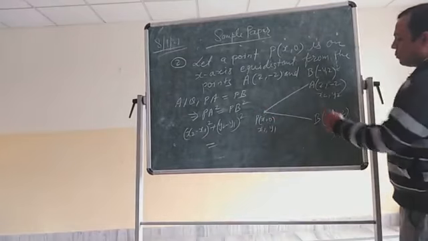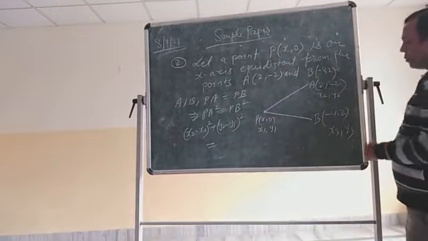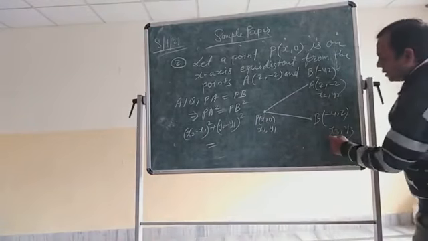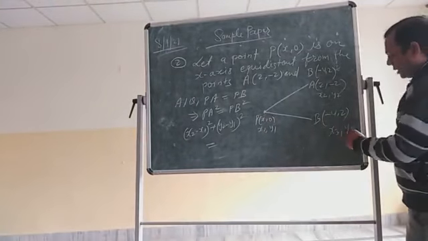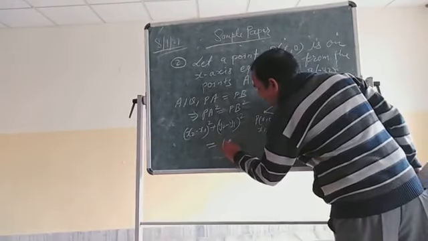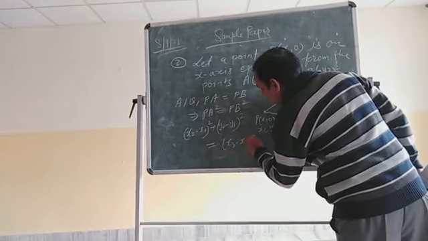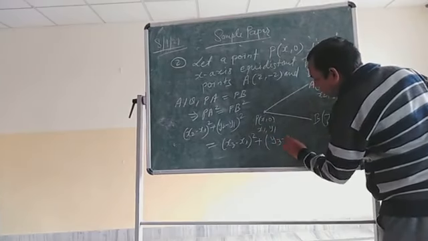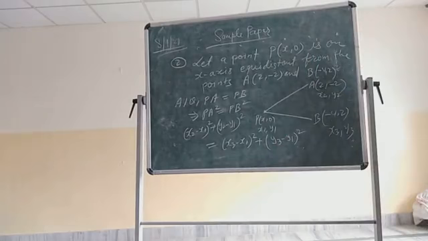So what I have written is (x2 minus x1) whole square plus (y2 minus y1) whole square. Accordingly, I will write (x3 minus x1) whole square plus (y3 minus y1) whole square. After that you have to substitute the values of x1, y1, x2, y2, and then find the solution.